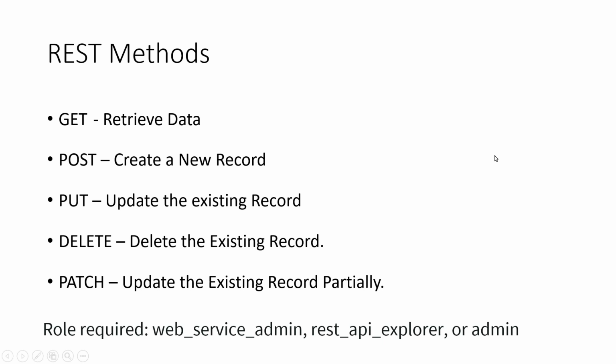Mostly PUT and PATCH are the same, but there are small changes. PUT updates the whole existing record, and PATCH updates an existing record only partially, in some small areas.